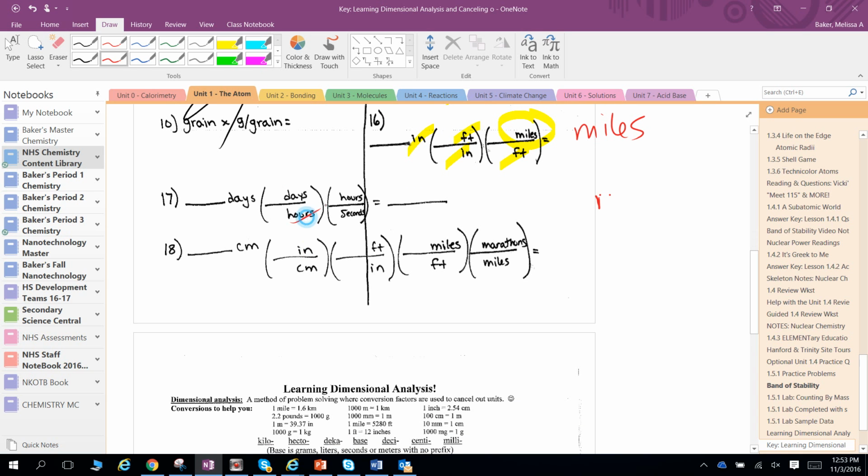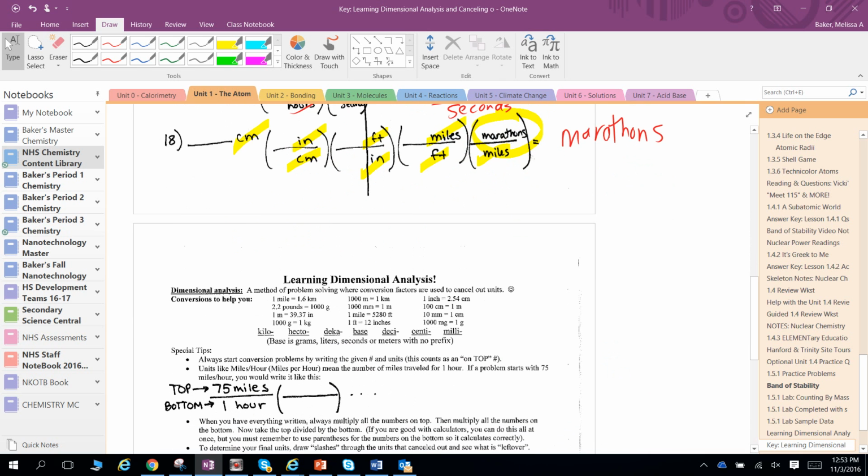We are able to slash out hours, but we're left with days squared over seconds. So sometimes you know you do the problem wrong, just based on your units not working out. And then let's look at our last one here. Centimeters over centimeters, inches over inches, feet over feet, and miles over miles. We're left with marathons. So those are resulting units here.